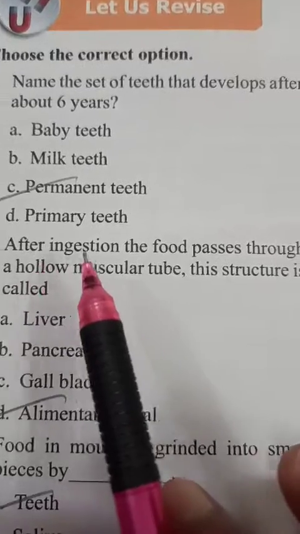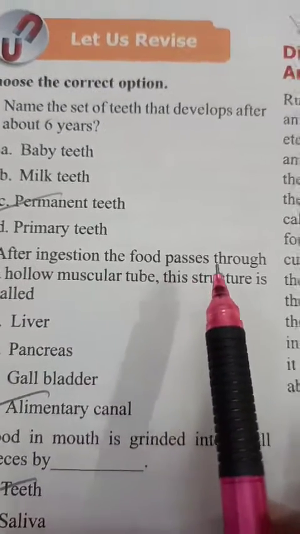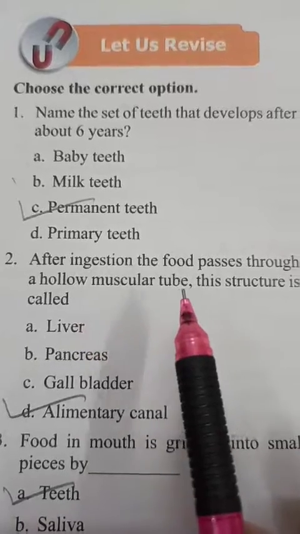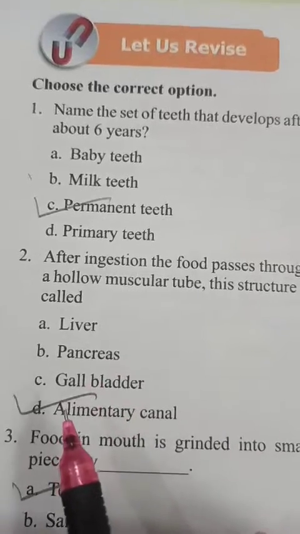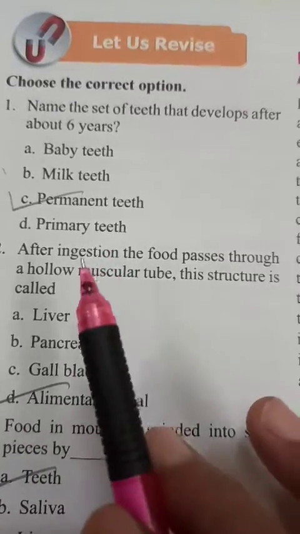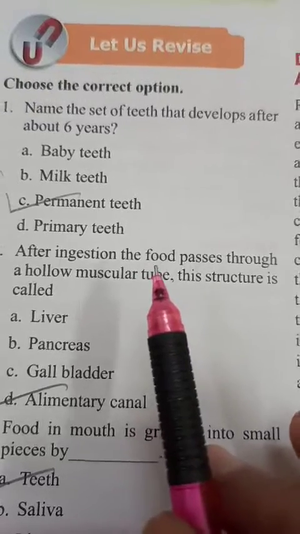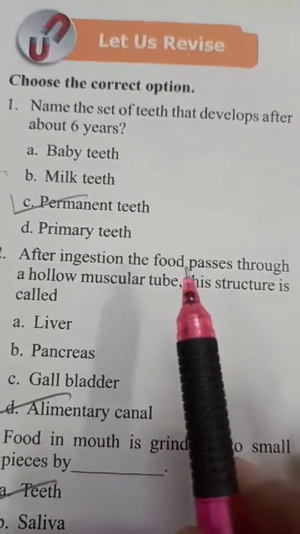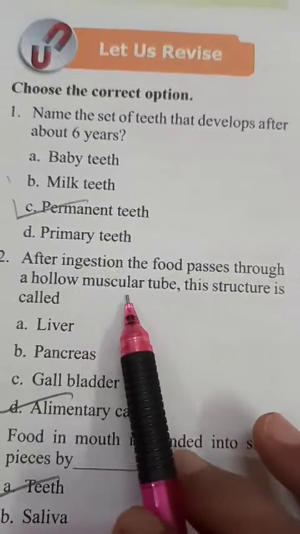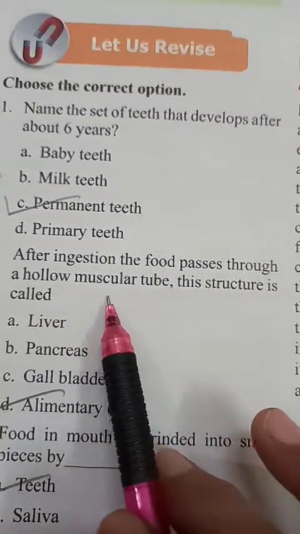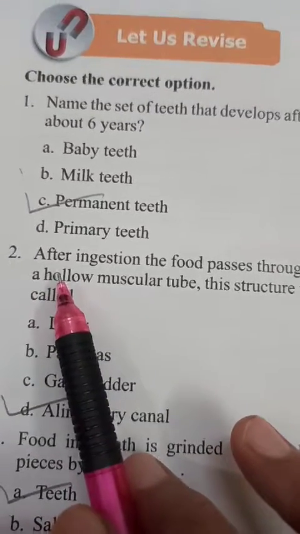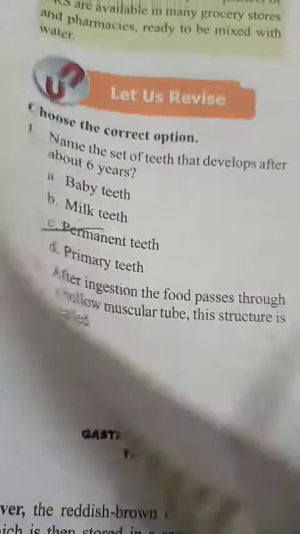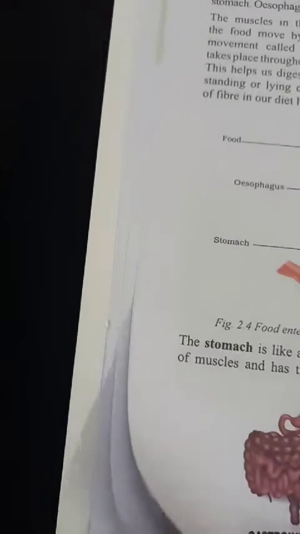Second is after ingestion the food passes through a hollow muscular tube. This structure is called the alimentary canal. You know that when we ingest food, or put food in the mouth, after chewing it passes through the muscular tube, means the esophagus. Let's see the diagram, I can show you.